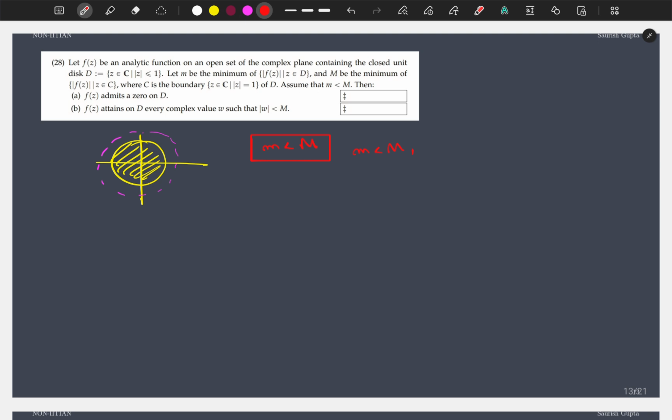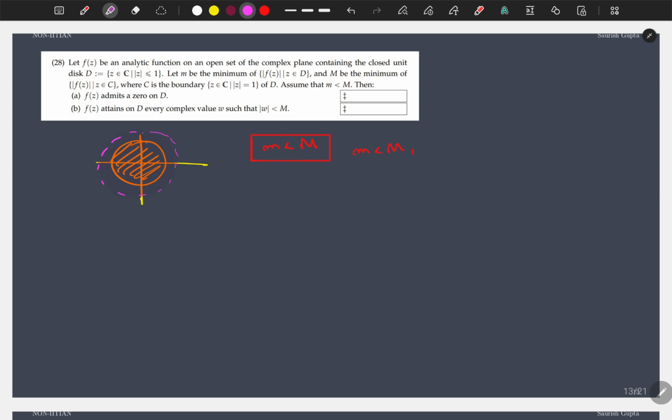Are you getting my point? The analyticity of the function is given on, okay, sorry, let me just shade it with a different color. So the analyticity of the function is given on this open set.